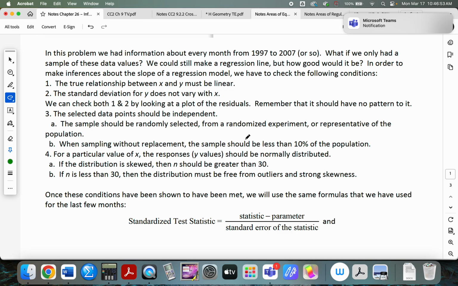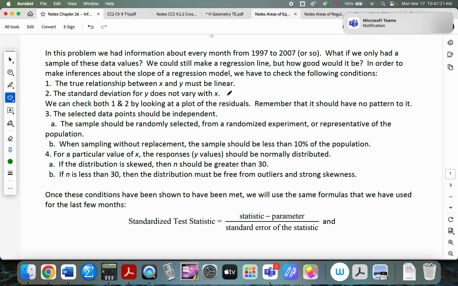In order to make inferences about the slope of a regression model, we have to check the following conditions. So first of all, the true relationship between X and Y must be linear. I would say basically linear. It's not perfectly linear, but it's got to be a linear relationship. The standard deviation of Y does not vary with X. What does that mean?